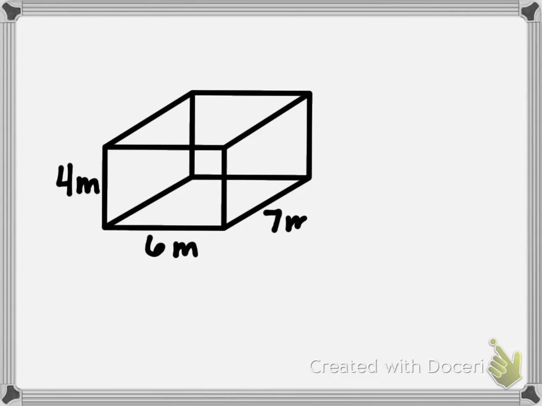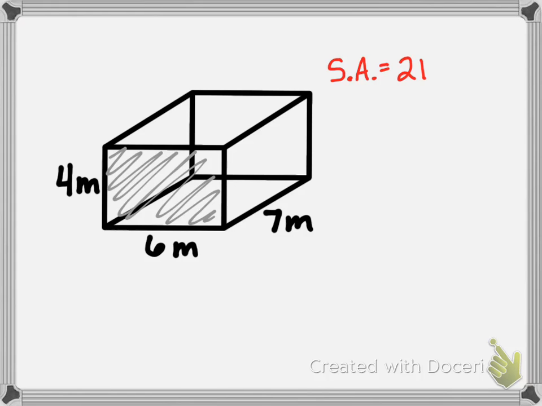Alright, we have a rectangular prism, and I have the dimensions of 4 meters, 6 meters, and 7 meters. Okay, now as we know with the rectangular prism, you could really pick any sides to be the bases. So I'm going to use this side to be my base. So my formula is 2B plus PH.